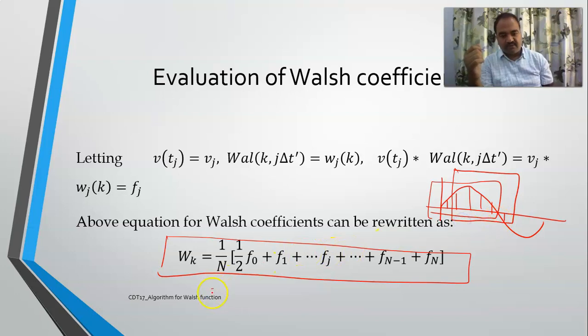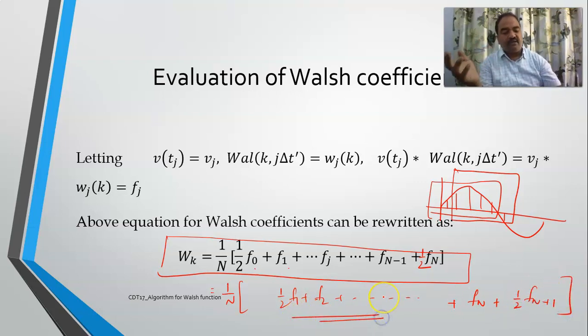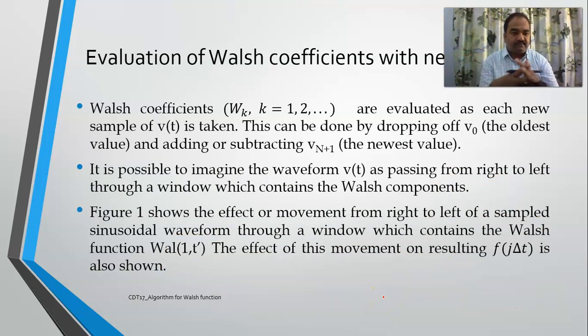So I don't want the f0 signal, I'll be starting with the f1 signal. So I'll be taking half of f1 plus f2 plus so on. Sorry, this was the original formula. This will become full, whereas the next one, n plus 1, will become half. So this is the way how to determine the phasor.